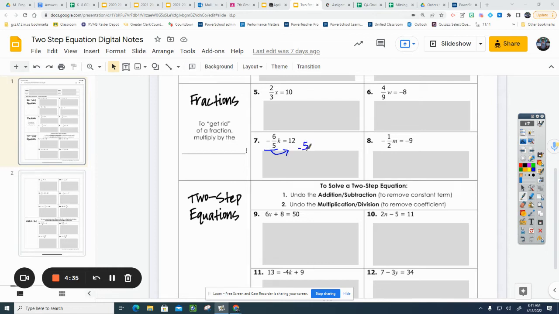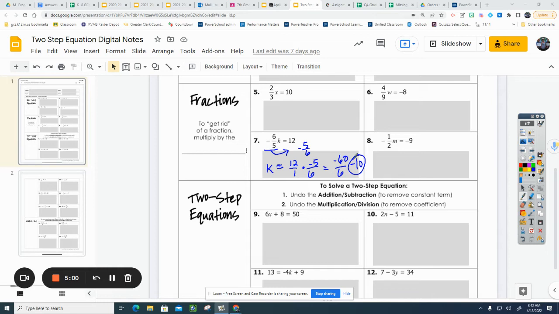Negative 5 over 6. Very good. So k equals 12 over 1 times negative 5 over 6, which equals negative 60 over 6. When I do 60 divided by 6, you get negative 10.